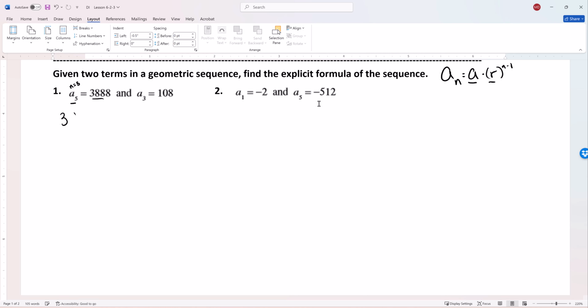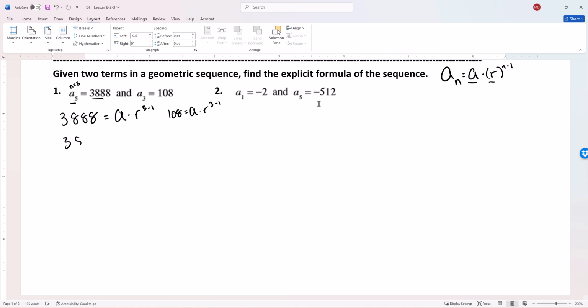So 3,888 equals a times r to the n minus 1. And then my second one is going to be 108 equals a times r to the n minus 1.